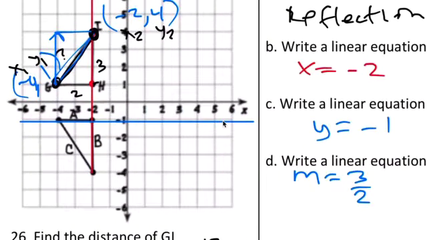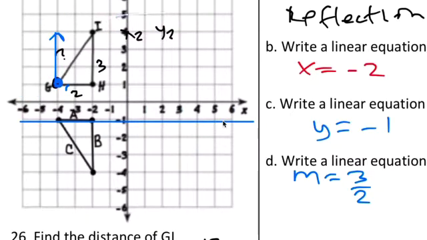I'm going to use -4. Let's erase a lot of these. This is up 3 over 2. This is -4 and 1, x sub 1, y sub 1.